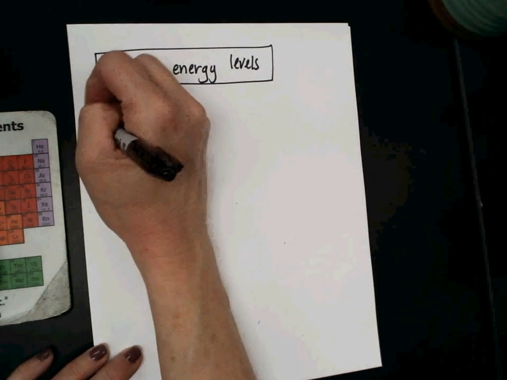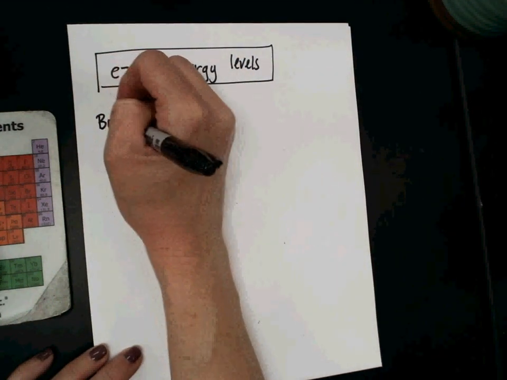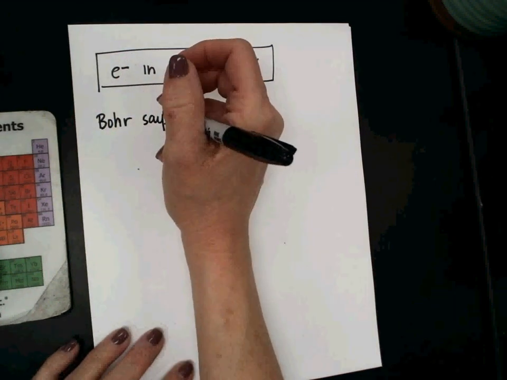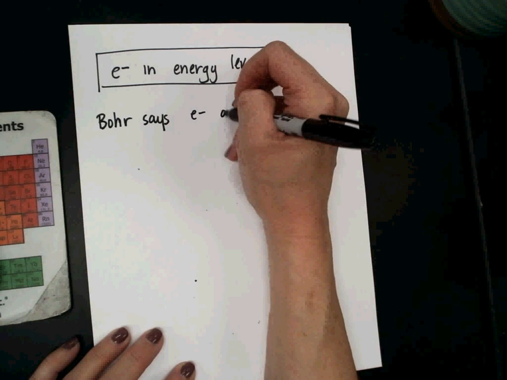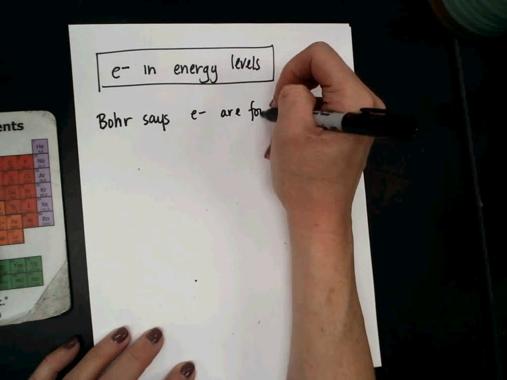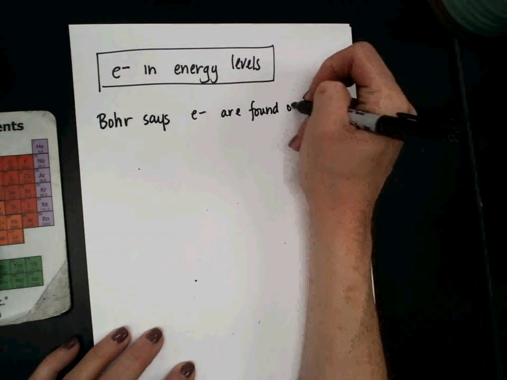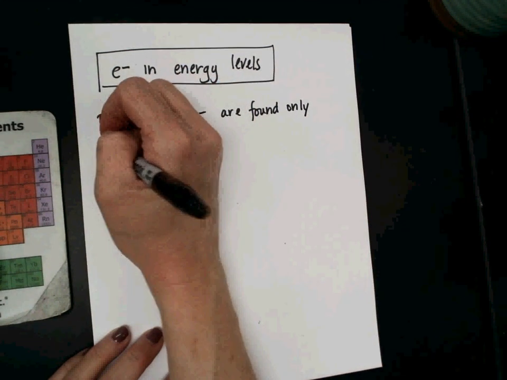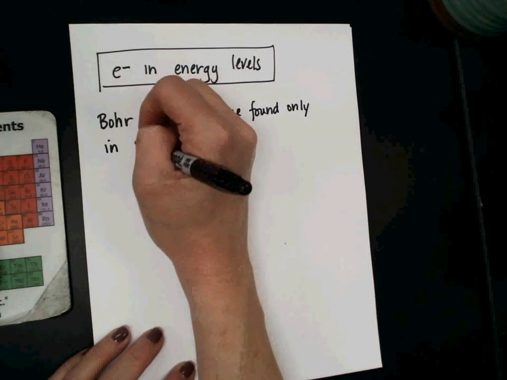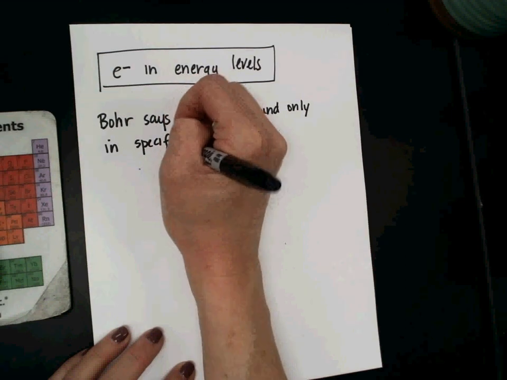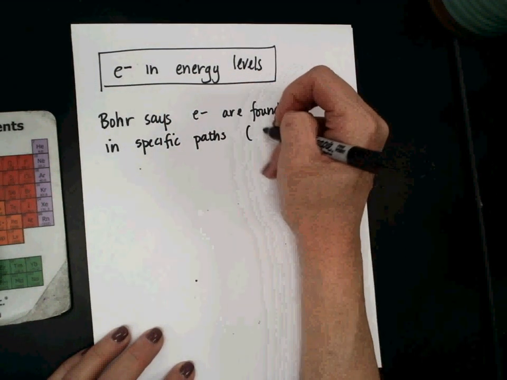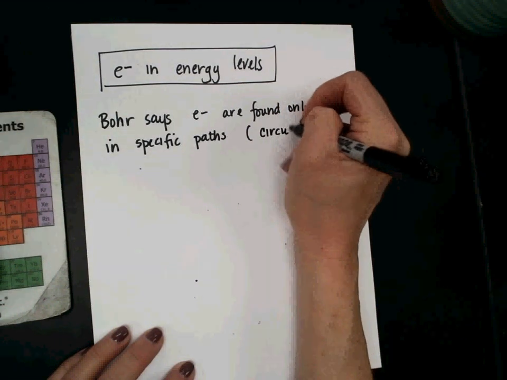First of all, Bohr says that electrons are found only in specific paths. He said they were circular. We'll talk more about that later.